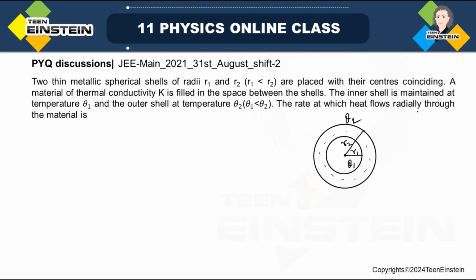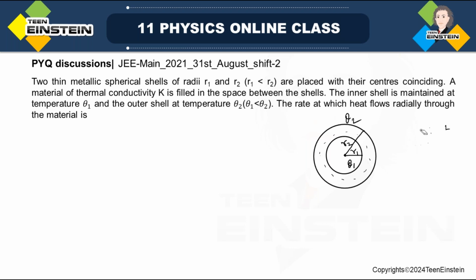Now the rate at which heat flows radially through the material. Through the material there will be flow of heat. In between there is some material which has thermal conductivity K, and these two are maintained with a certain temperature difference, so there is a temperature gradient, right?